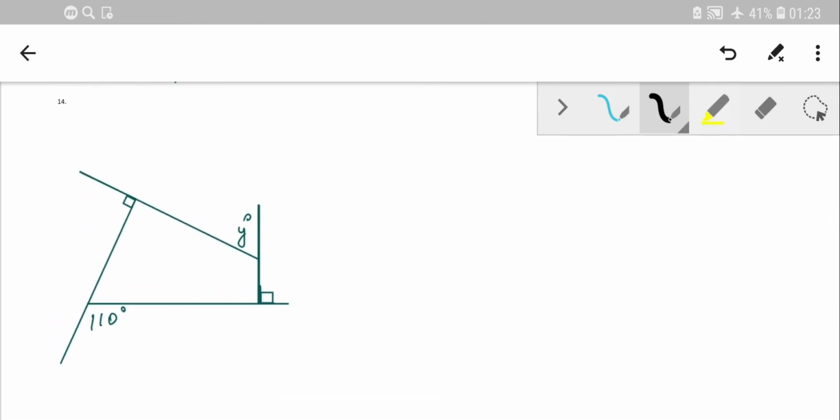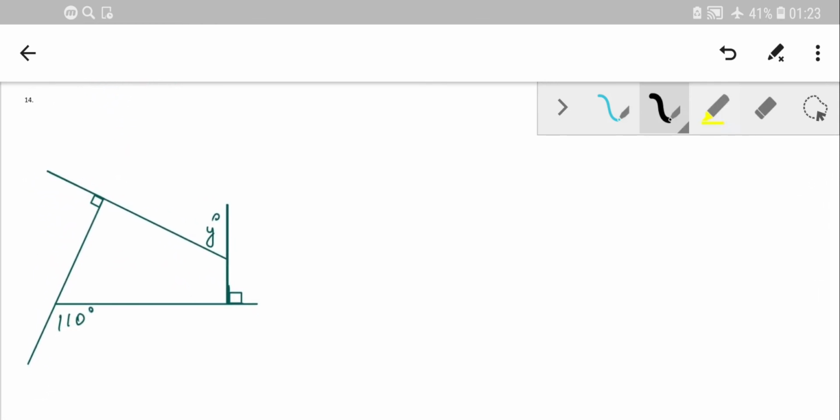So the problem 14, what we have here: 90 degrees, and 110. So we go into interior angles. That's a quadrilateral. So if we know most of the angles, we can complete the sum of interior angles. So for a quadrilateral, we should have 360 in total.